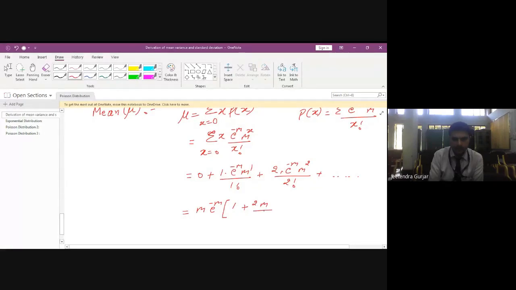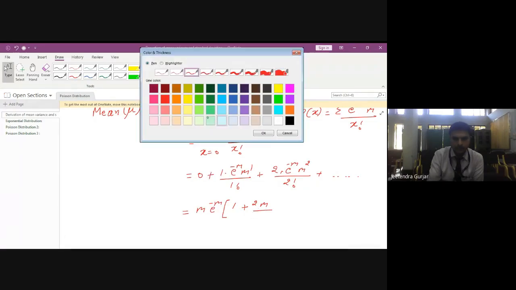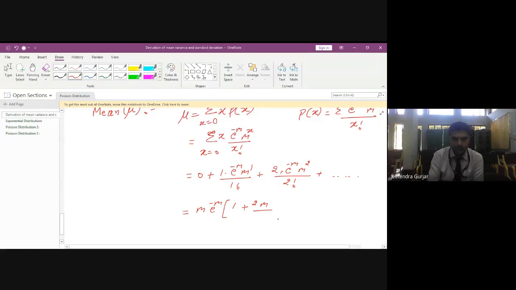So 1 m will remain divided by 2 factorial. 2 factorial is nothing but 2 into 1, which is again 2. So you can see 2 and 2 will get cancelled. Okay, so I think 1 factorial will remain here. Fine.